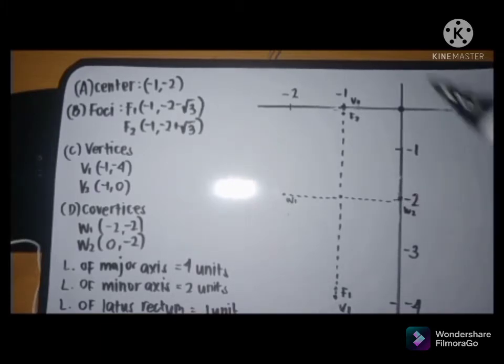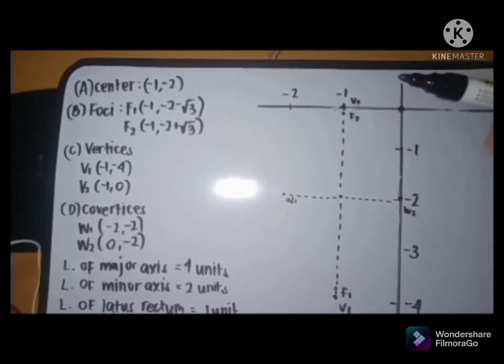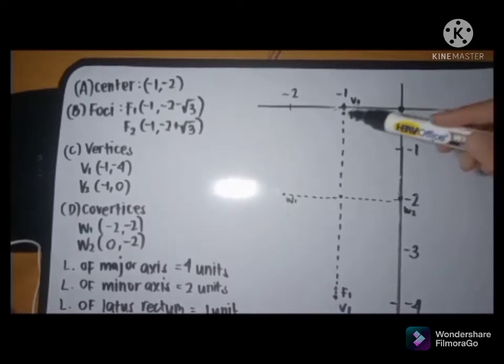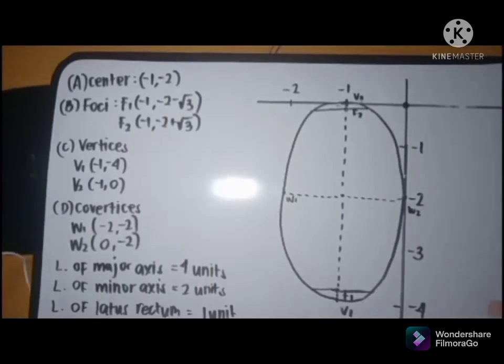So I'll be back just to draw the ellipse so that it looks like an ellipse properly. So that's it. This is our graph for the ellipse for activity B, number 7.